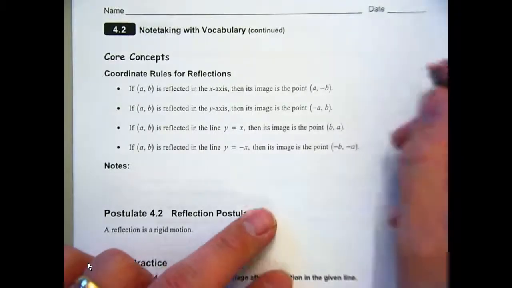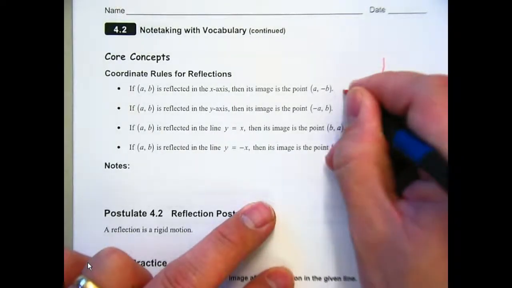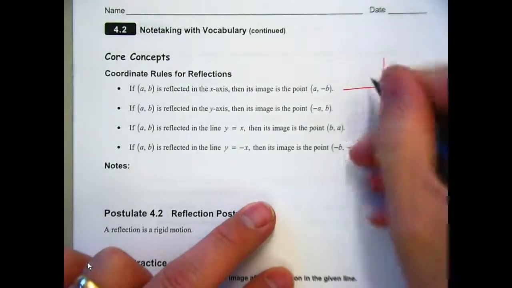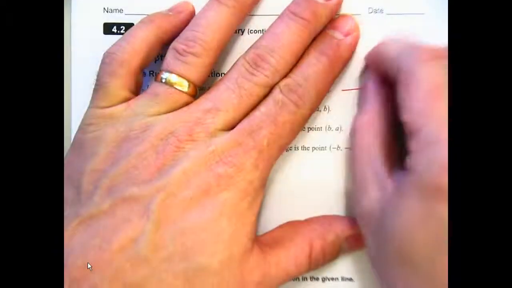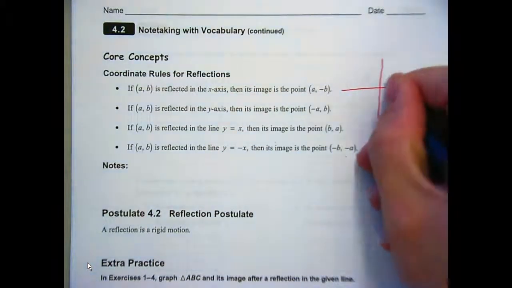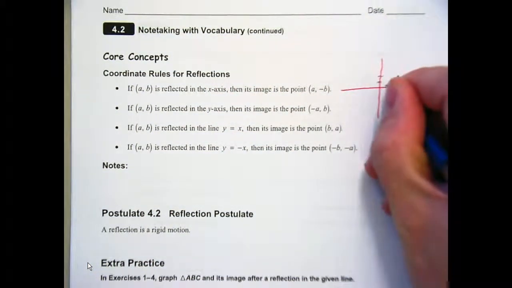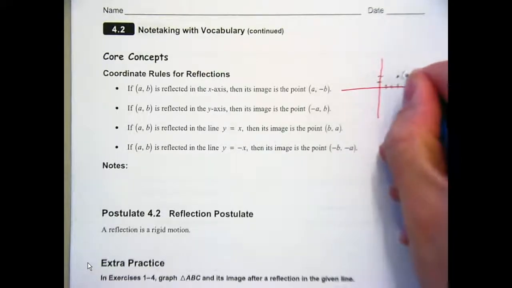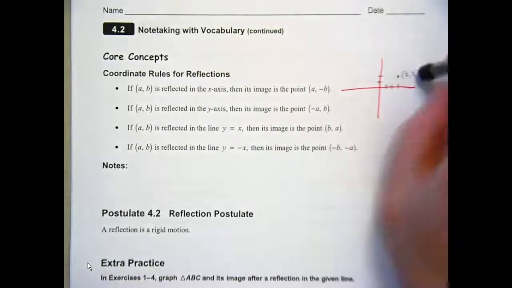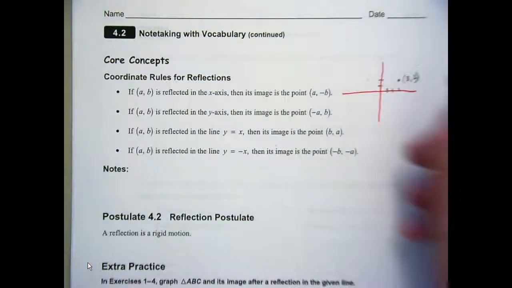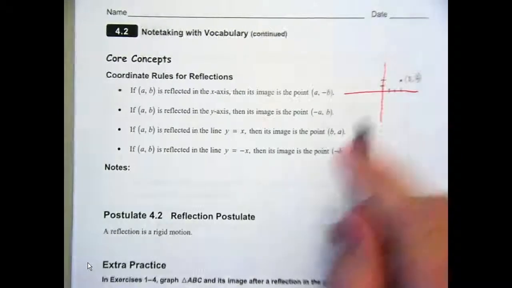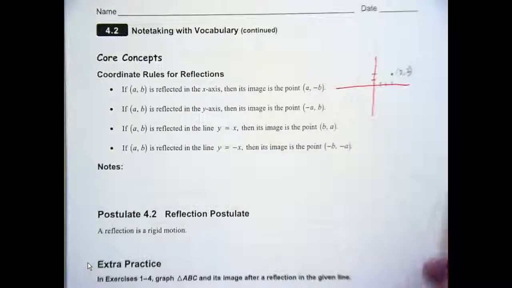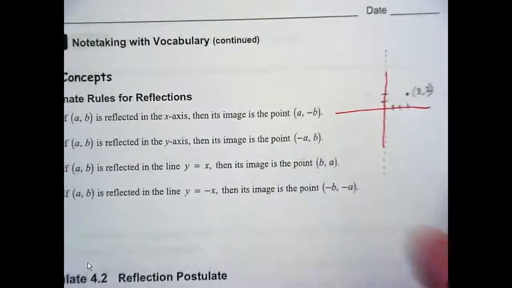One way to think about this: let me take a point. Let's start with the point 3, 2. I want to reflect that across the y-axis. When I reflect it across the y-axis, is that point moving horizontally or vertically?